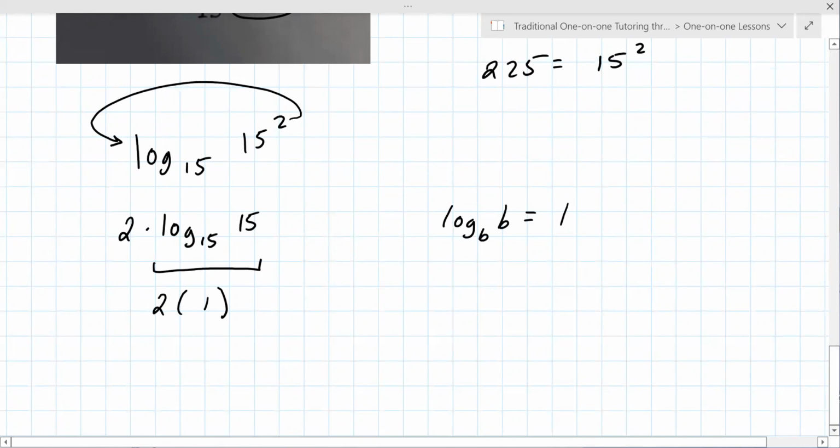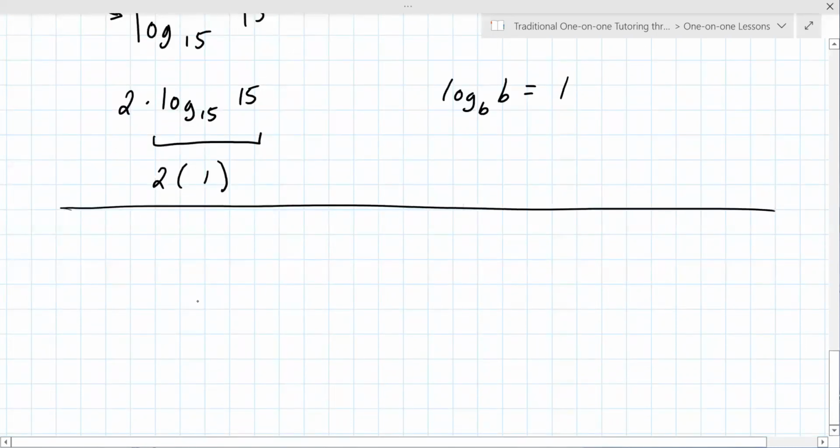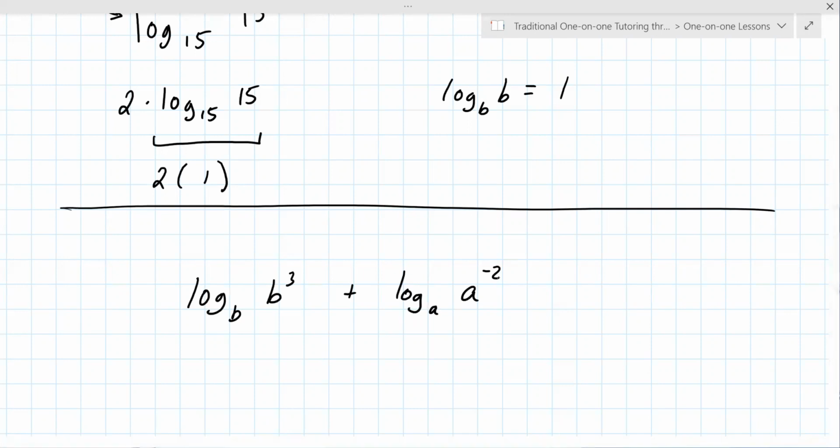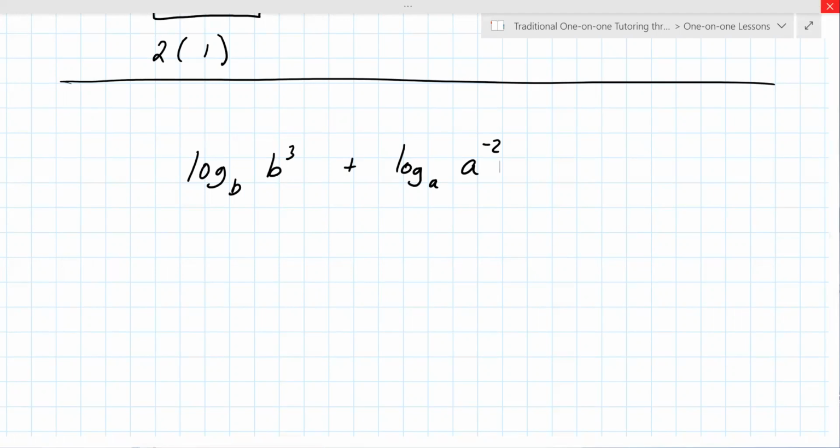So here's a question I'll throw at you. We can work on it together if we need. What is log base b of b cubed plus log base a of a to the minus 2? Any idea how to start a problem like this? Wouldn't it just be 1 to the power of 3 plus 1 to the power of negative 2?